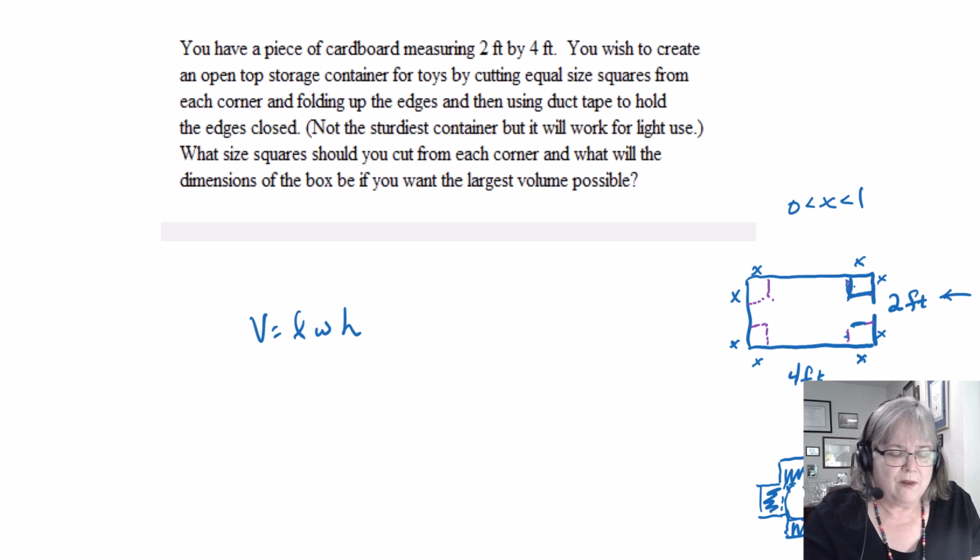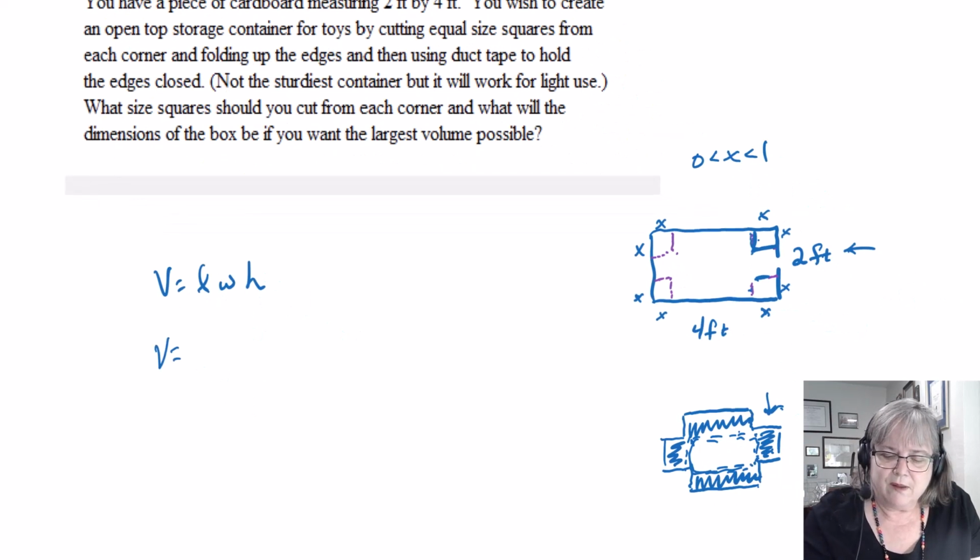So what we know right now is that when we take this part right here and fold it up, this is also x, the x that you cut out. So it's going to be x tall. The side's going to fold up and be x tall. So the height is x. Okay?